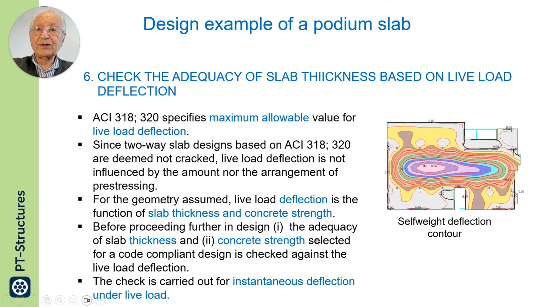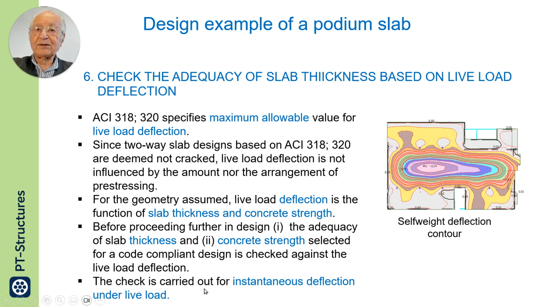So for the geometry assumed, live load deflection is a function of slab thickness and concrete strength. I'm repeating myself because I think it's important. Before proceeding further in design, the adequacy of slab thickness and concrete strength selected for a code-compliant design is checked against the live load deflection.